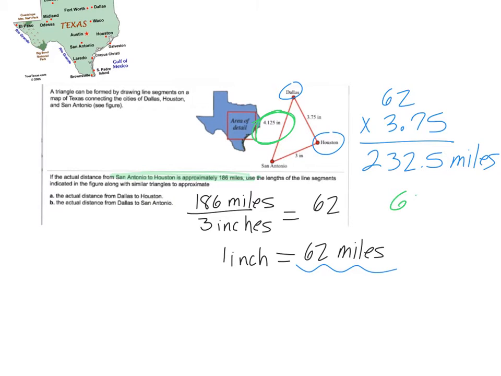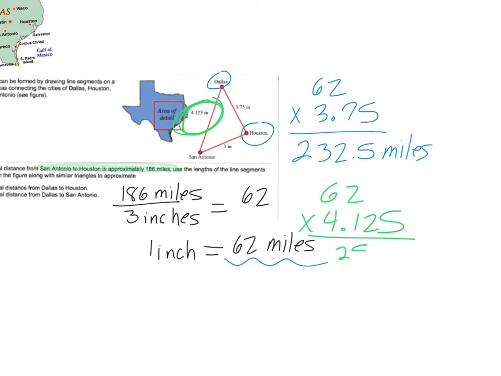I'm going to take 62, but instead of multiplying it by 3.75, I'm going to multiply it by 4.125. So the real life distance from Dallas to San Antonio is 255.75 miles, and that is the answer to part B.